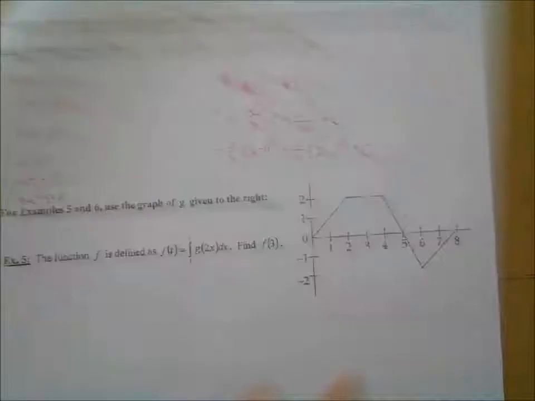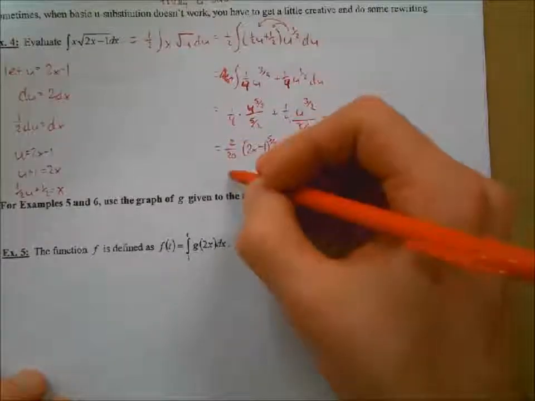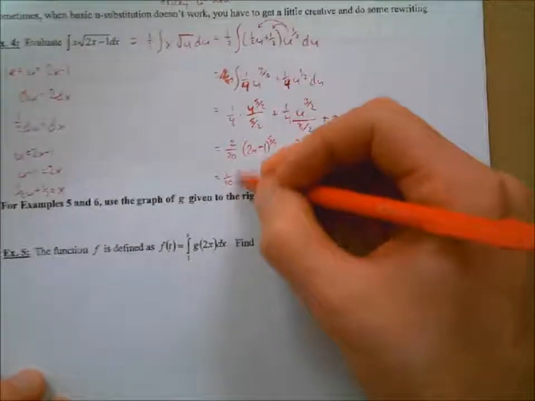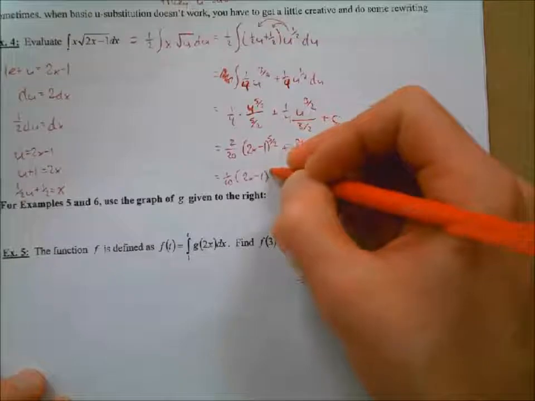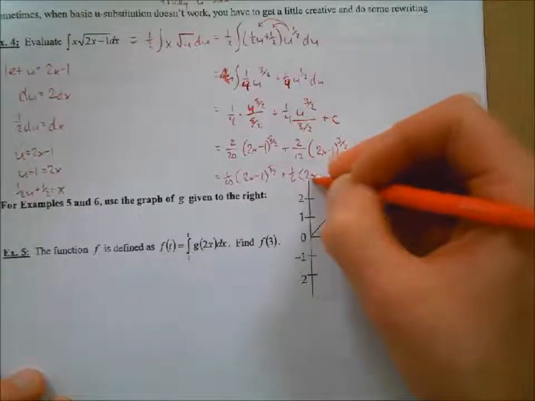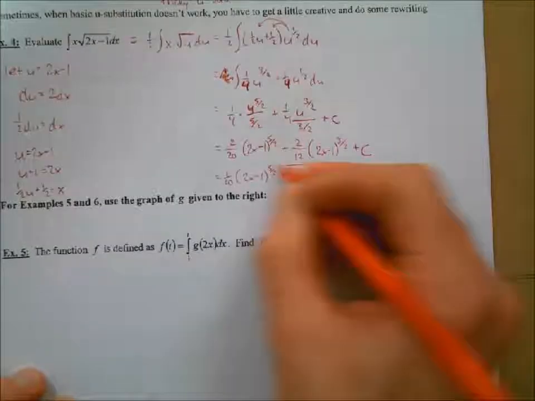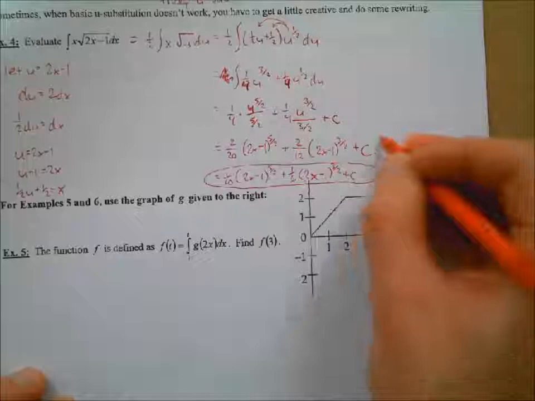Okay. And of course, if you want to simplify your fractions there, you can do that, make it 1/10. Okay, plus c. But of course, this one's also fine too.